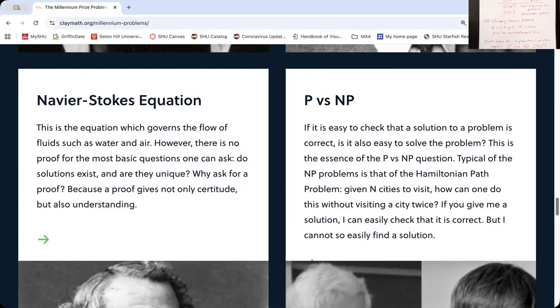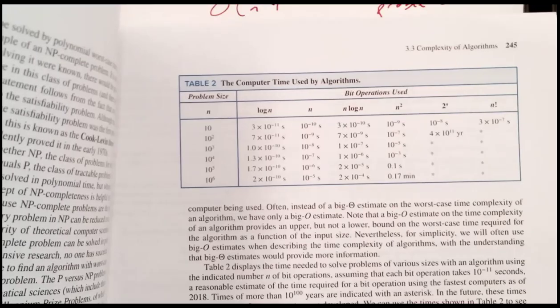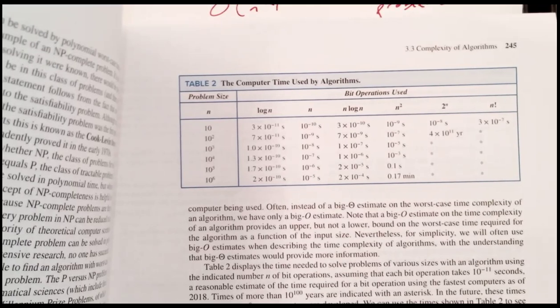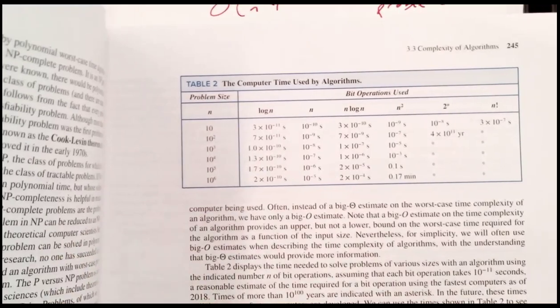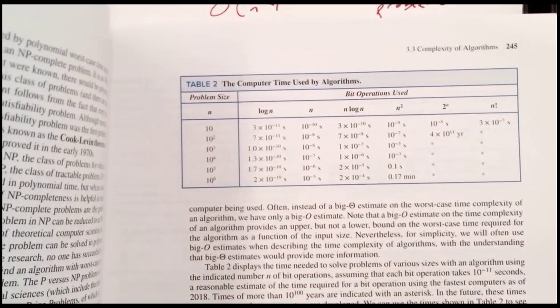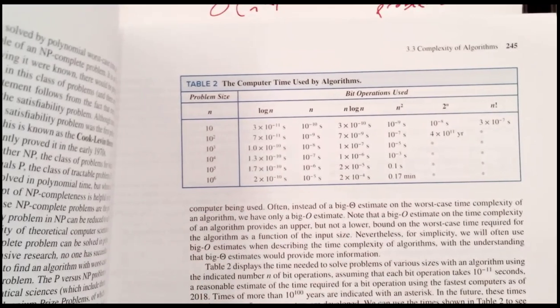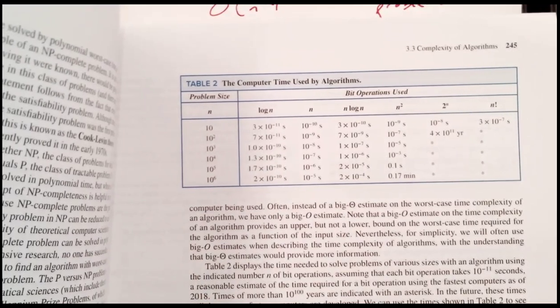There is lots more I can do in complexity theory. Not just tractability and complexity, but I can actually now talk about speed. Here you go. Let's consider top of page 245. Here's the size of my input data set. If my input data set is 10 things, log base 2 of 10 is 3 and change.